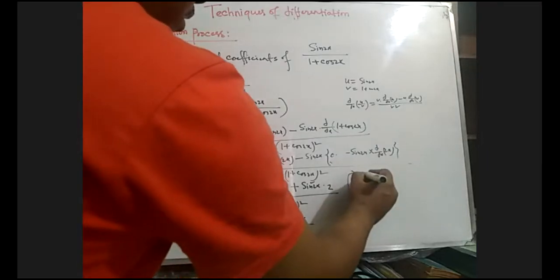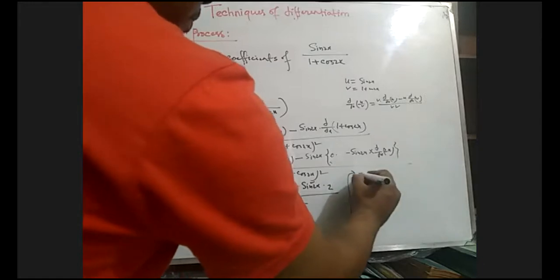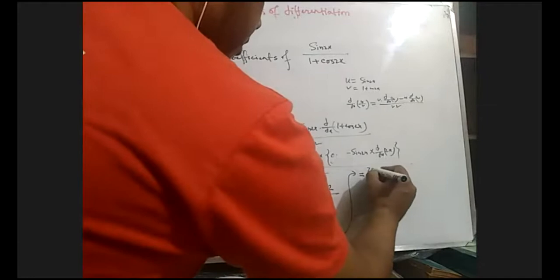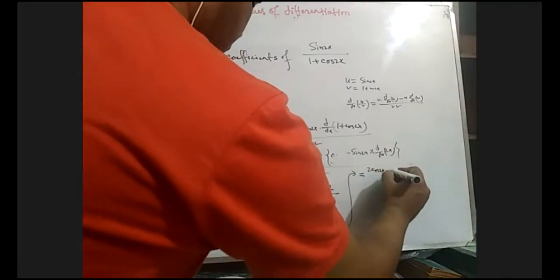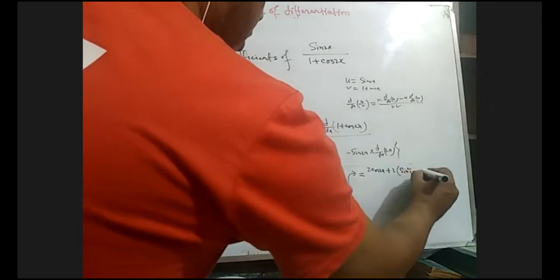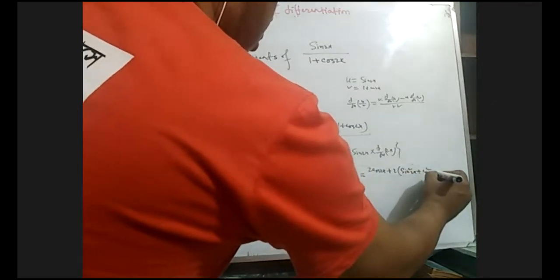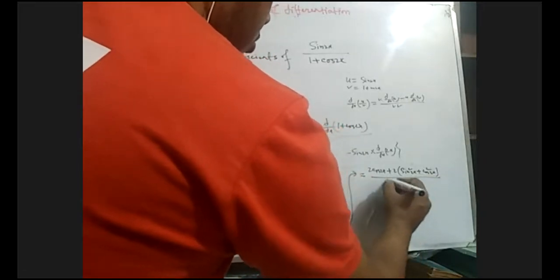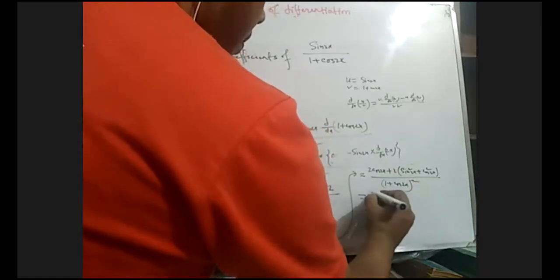After this line, we can write 2 cos 2x plus 2 (sin square 2x plus cos square 2x), 2 will be common, divided by (1 plus cos 2x) whole square.